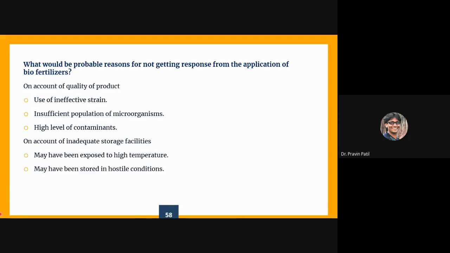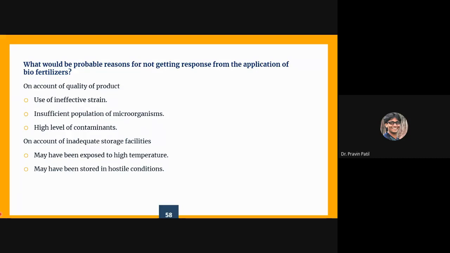On account of quality of product, let's see if the strain is ineffective or not, whether an insufficient population of microorganisms is there. If it is insufficient, we can put some more. We have to check whether there is cross-contamination of a particular microbe. Like we put some particular biofertilizer and some other microbe is present in a large amount there, that can of course cause competitive inhibition and ultimately kill the desired microbes.